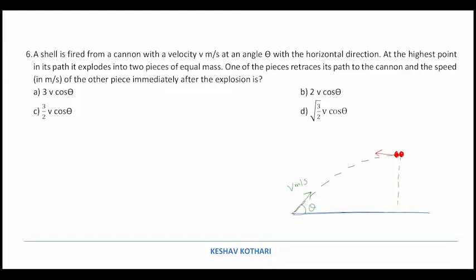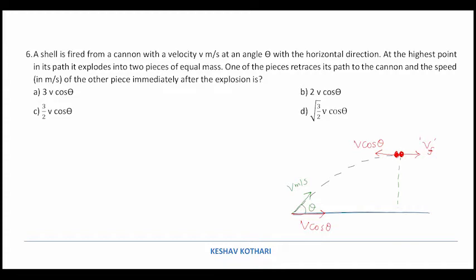So over here I can say that the initial velocity along the x-axis is v cos theta. In order to come back to the cannon, the velocity of this piece after the explosion must be v cos theta in the opposite direction, and the final velocity of the other piece, which we are trying to find out, is vf. So we are asked to calculate the speed of the other piece immediately after the collision.